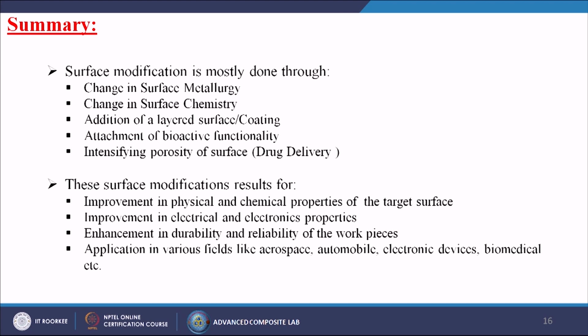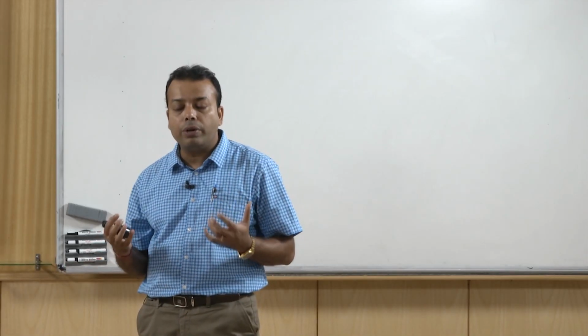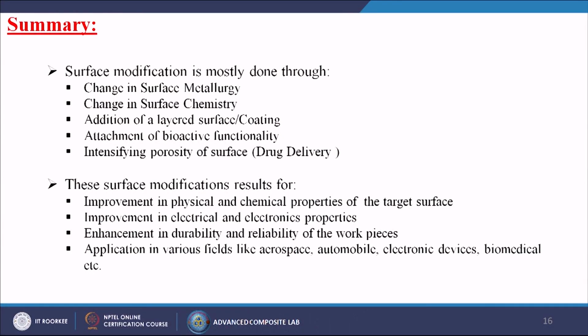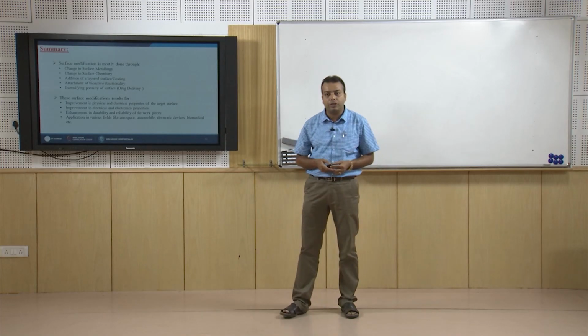These surface modifications result in improvement in physical and chemical properties. These are the applications, the reasons why we do surface modifications: improvement in electrical and electronic properties, enhancement in durability and reliability of workpieces, and applications in various fields like aerospace, automobile, electronic devices and biomedical applications, etc.